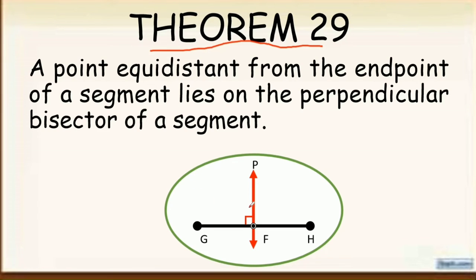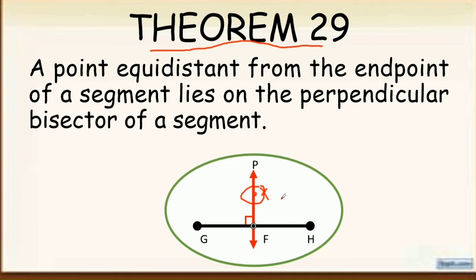So, kung meron daw po tayong ditong point, let's say, itong point po dito, si point X. Okay, si point X. So, kung equidistant po siya from both endpoints of this segment, therefore, this point lies on a perpendicular bisector, which is line PF.